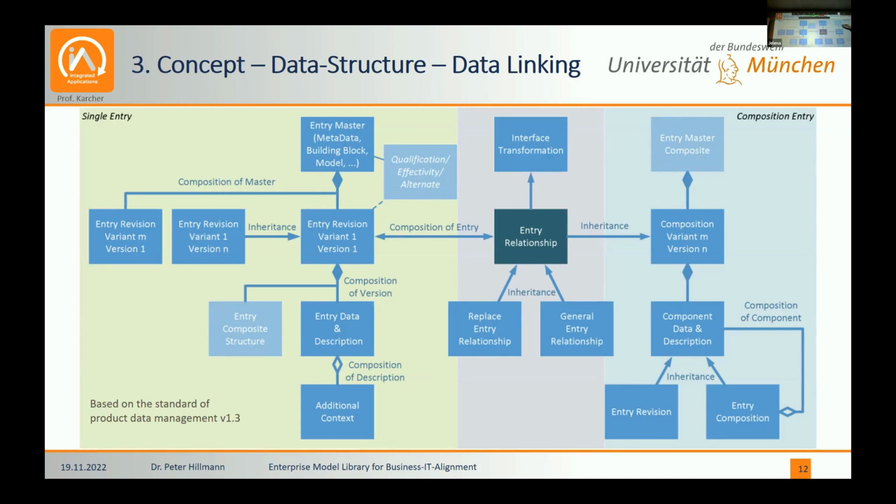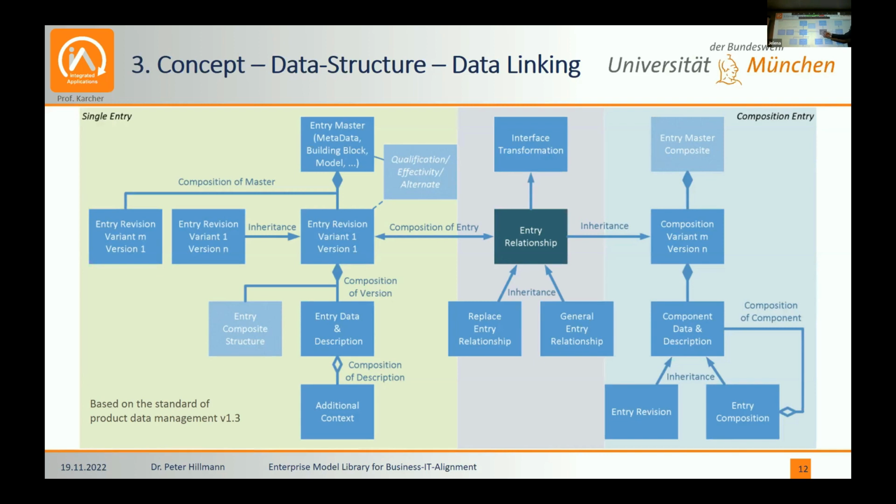On the other side, we have the composition of these things. It works directly in the same way. We have composition, variant, and version. We can also aggregate it, linked, and through this composition we have the component data, which can be entry, revision, or the composition itself. What's special for our enterprise architecture library is the linking between these.